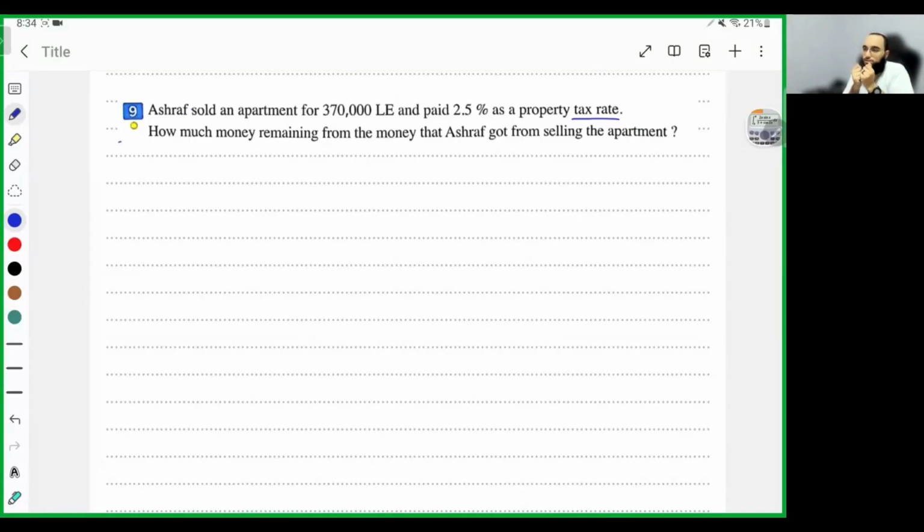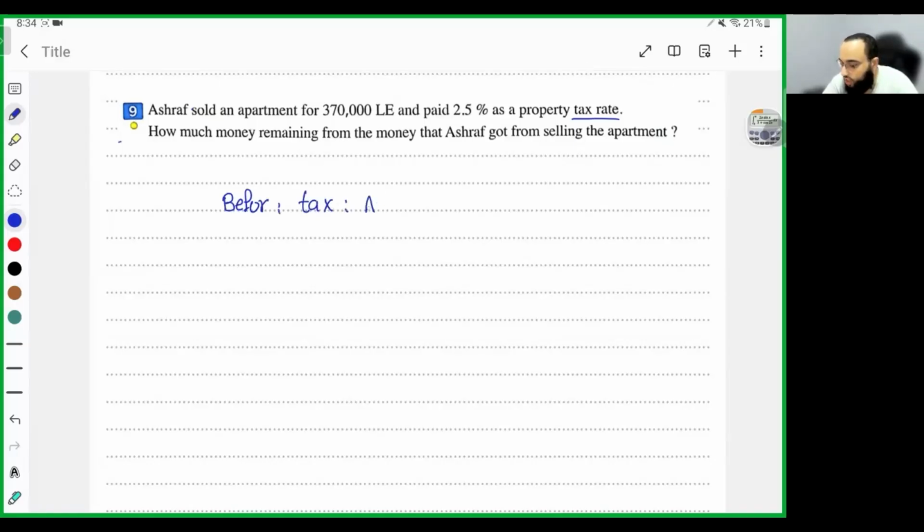So you get it in your hand, 370,000 pounds. After that, you took from this amount 2.5% as a tax. So you subtracted 2.5% or you added 2.5%? Subtracted. Excellent. Then this is the price before, and this is the tax.